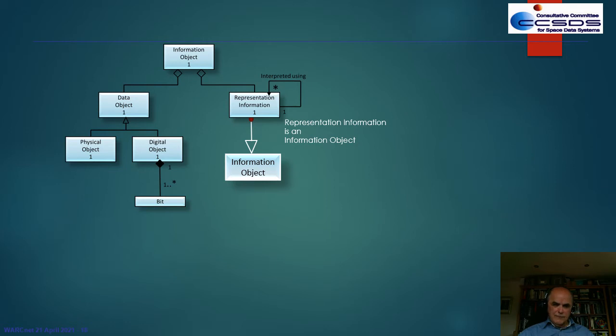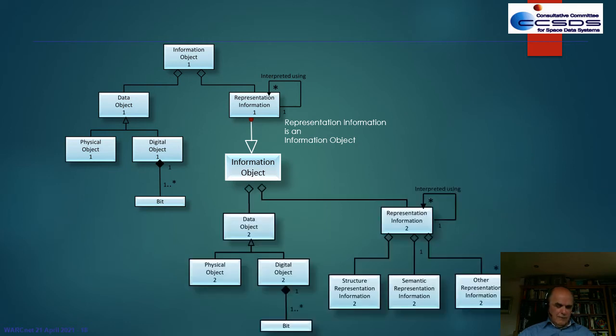It is an information object, which means we can draw the same diagram with different objects, obviously, to ensure that the representation information is understandable and usable. And one can continue this on.